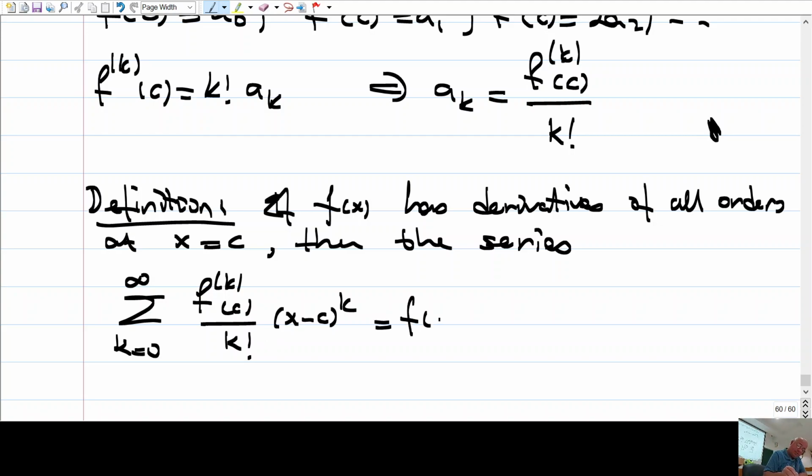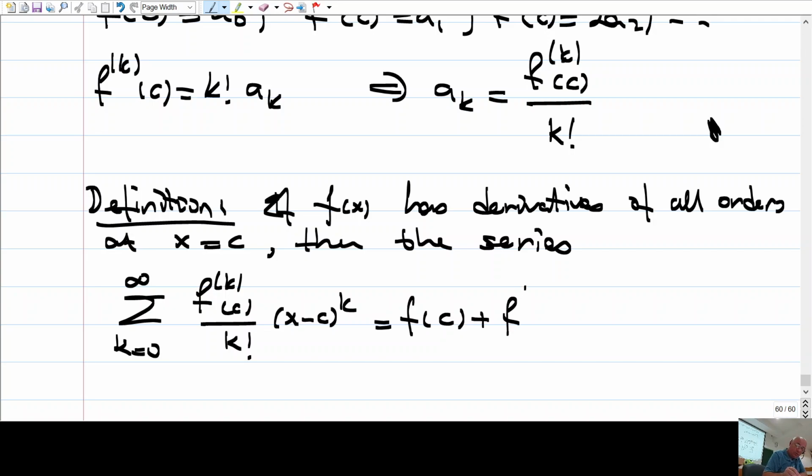So what is this? This is of course f of c. When you plug 0 here, you get just x minus c to the power 0, which is just 1. The 0th derivative is just f. 0 factorial is just 1. Therefore, the 0th term is just this.